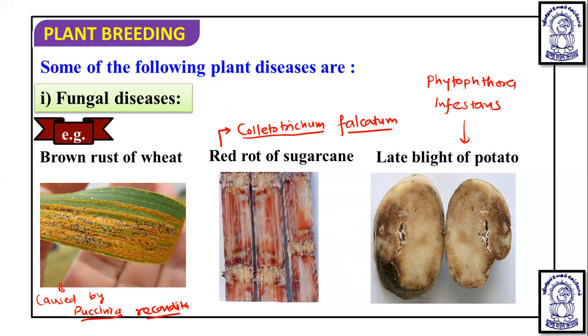Okay, so in brown rust of wheat you will see brown rust-like characteristics. Red rot is observed in such a way, and in late blight of potato the potato gets damaged. So these diseases are caused by different species of fungus.